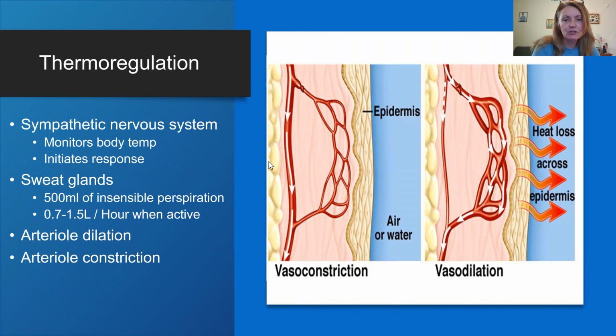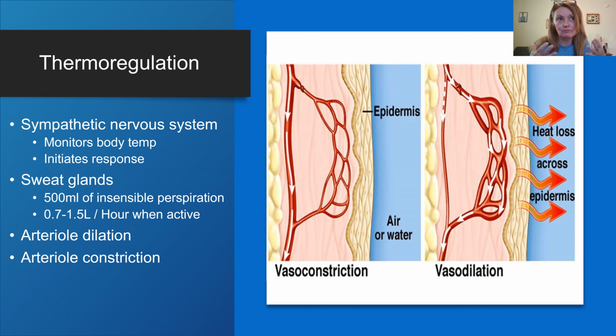Now, thermoregulation. So that's also a function of your skin. And you do not regulate it. Your autonomic nervous system, specifically the sympathetic nervous system, is responsible for thermoregulation. And this is autonomic. That means you don't need to make adjustments.